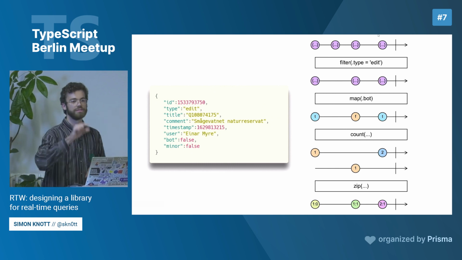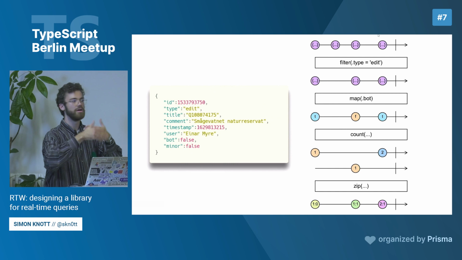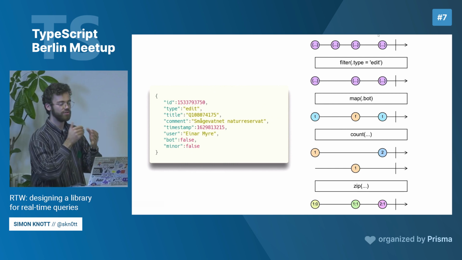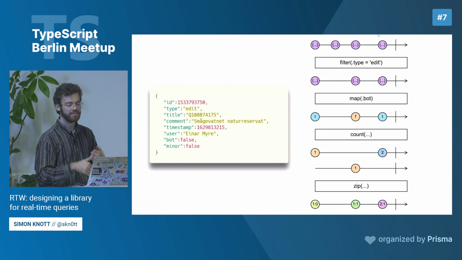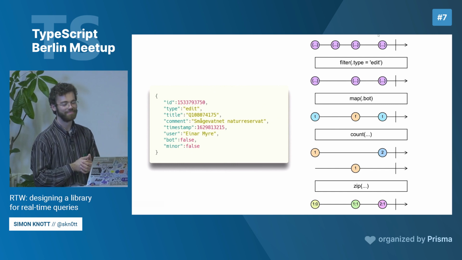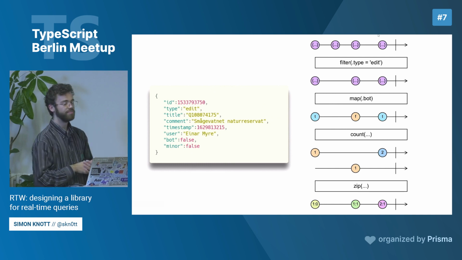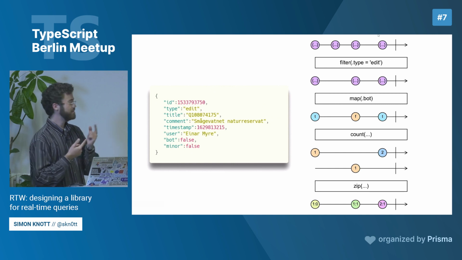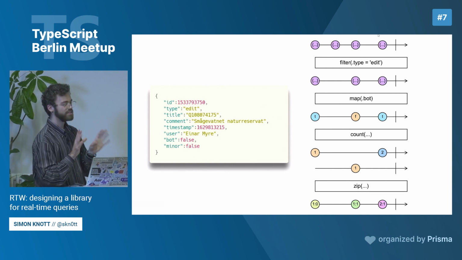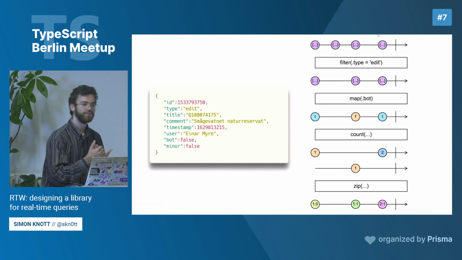Functional programming because you start with one stream and you do some non-mutating operations on that stream to get another stream. So this is functional in the same way that filter and map are functional. And reactive means that we do it in real time. Working with this, again, it's fine, but you need to learn about all of these operations.